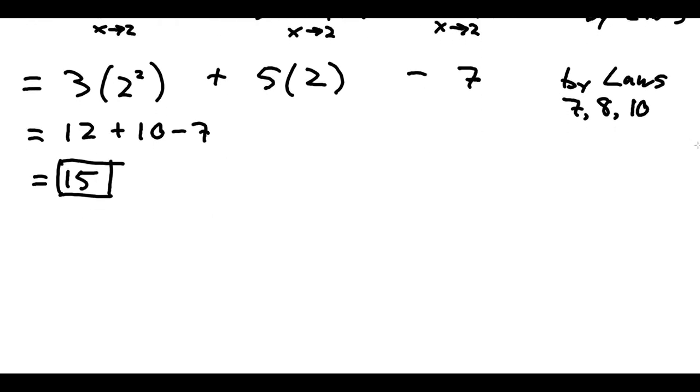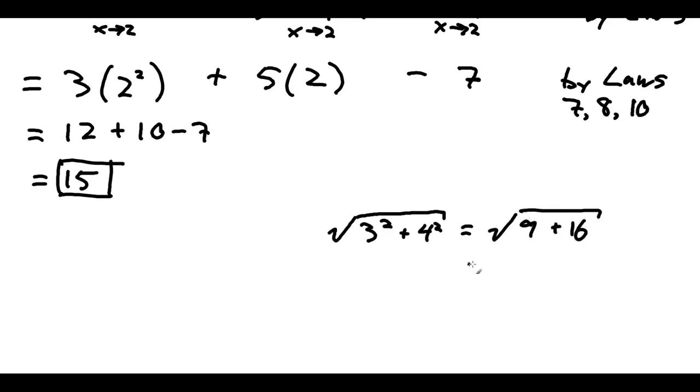This is analogous to certain other operations. Let's say you have something like the square root of 3 squared plus 4 squared. You're doing a problem in geometry. Then you might do some steps of simplification and say, okay, well, 3 squared is 9, 4 squared is 16. 9 plus 16 is 25.